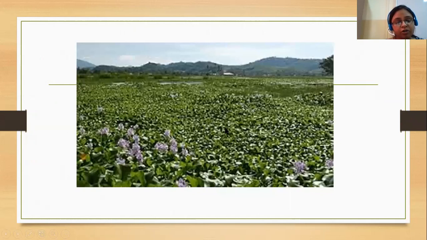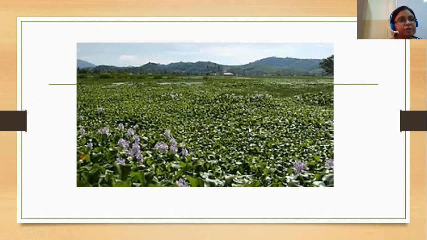Here you can see all this green carpet. Initially it was a river, but since this plant grows vegetatively at such a fast rate, the whole surface of the water of this freshwater pond has converted into a dense carpet, and this dense carpet is all this Eichhornia, all this Jalkumbhi. Here you can see its purple flowers.